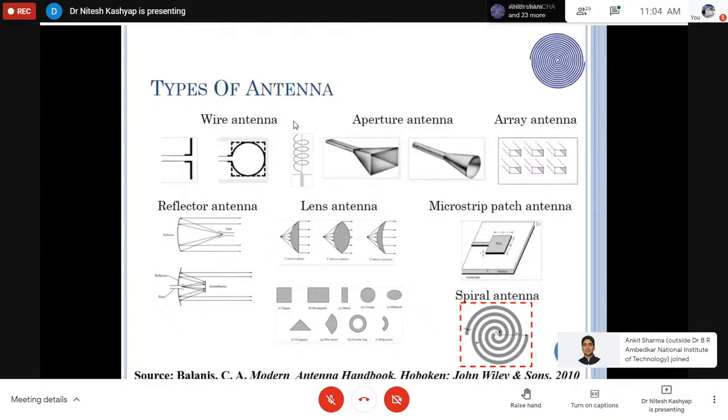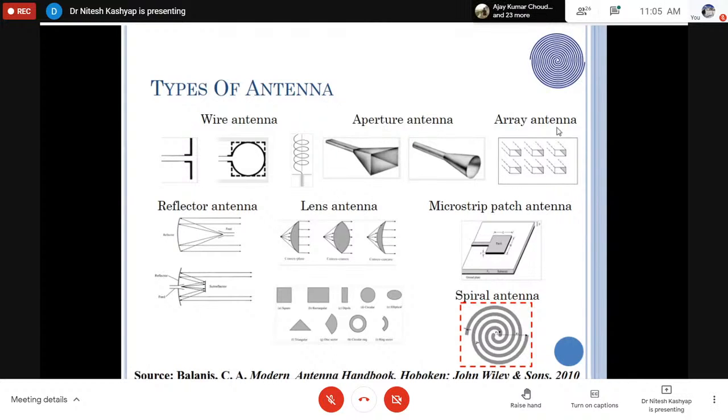So this is the wire antenna, and the other antenna is the aperture antenna, where we can use the waveguide, and the array antennas. An array antenna is nothing but an array of single units of the antenna. The reflector antenna is where we place a reflector in front of the main antenna, so the antenna link can be established.